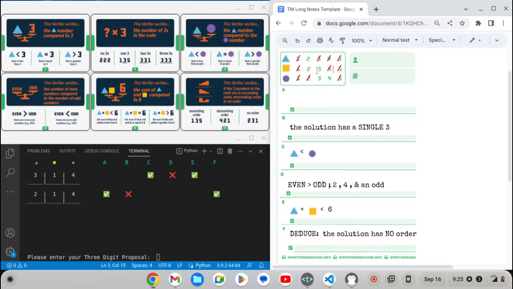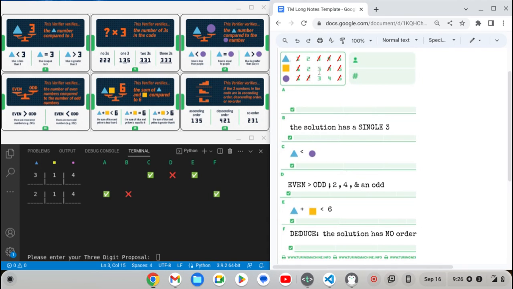And yeah, I think square cannot be a 3. No, square can be a 3. I was about to say, well, yeah, no, I think square cannot be a 3. Because if it were, circle cannot be a 3, there can only be 1 3.